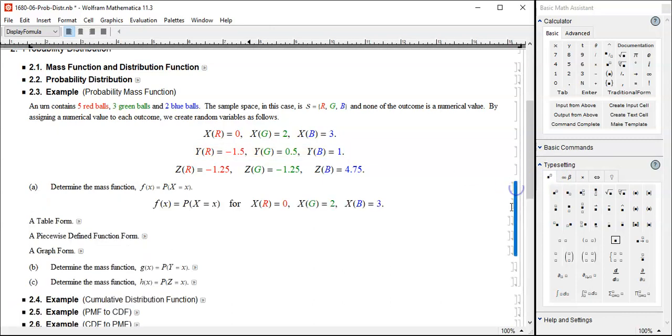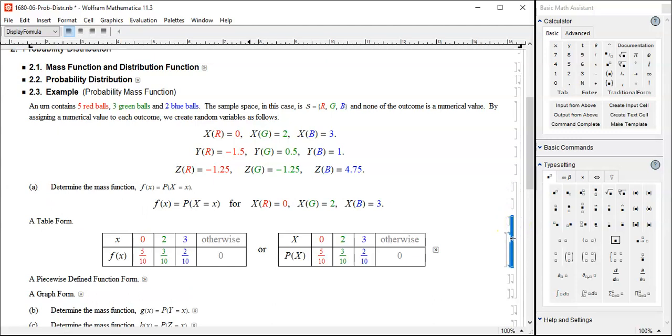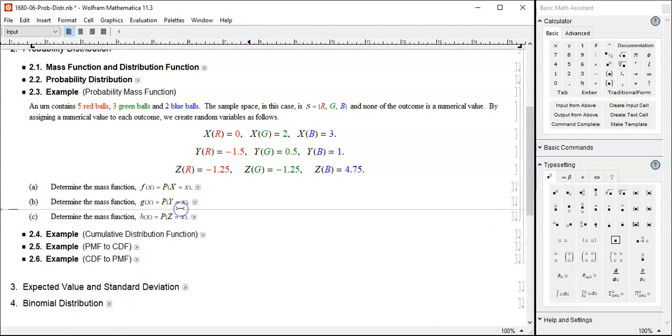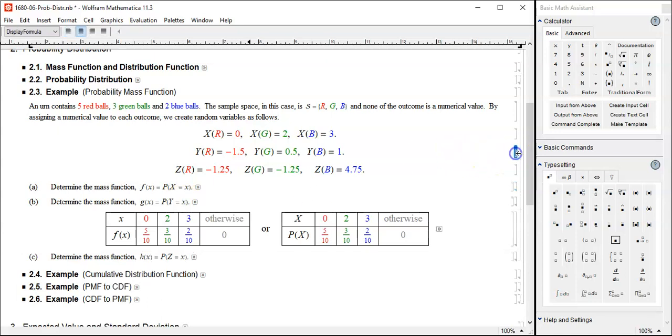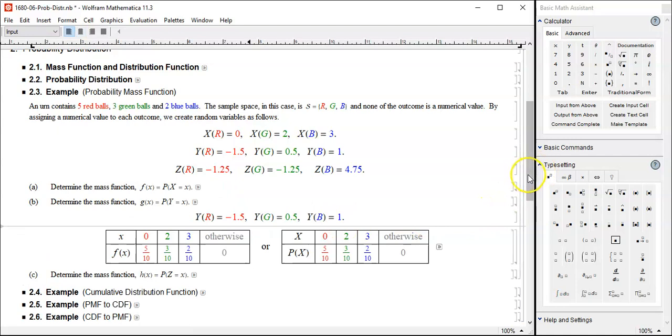That's a problem. I just copied and pasted it. And then, okay, I want g of x, and this is random variable Y, so let's change all these accordingly.